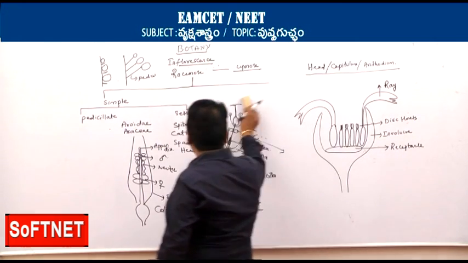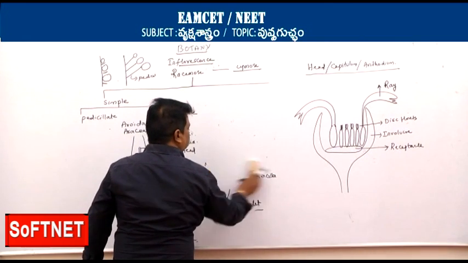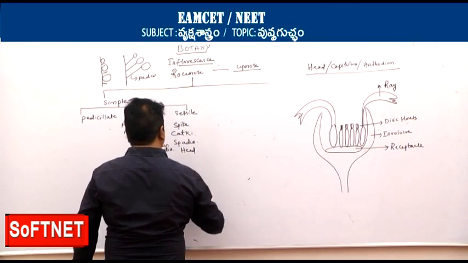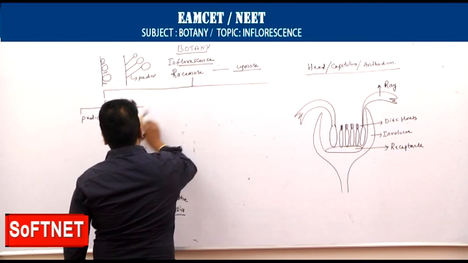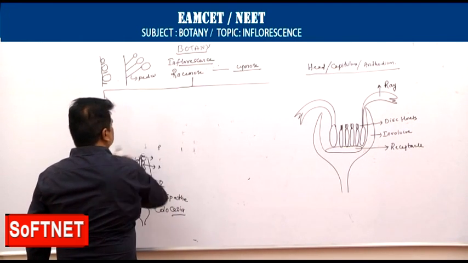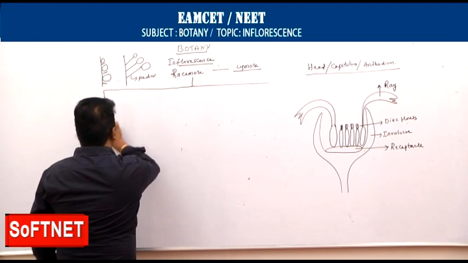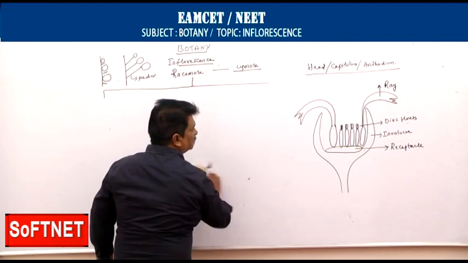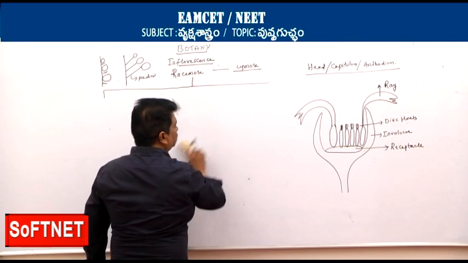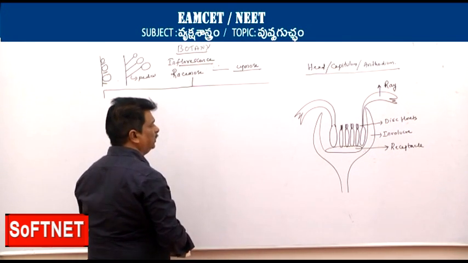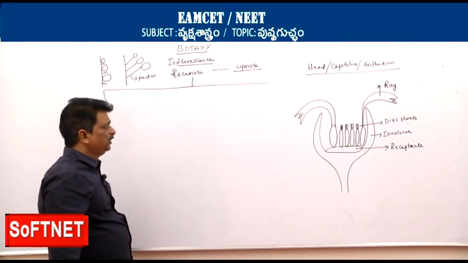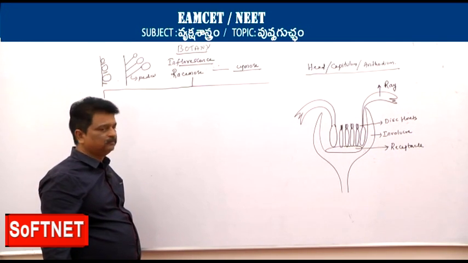At corner, ray florets present. So, in head inflorescence, flowers are reduced. Such reduced flowers are called florets. Then all the florets are sessile, pedicel is absent, and opening of florets is centripetal.